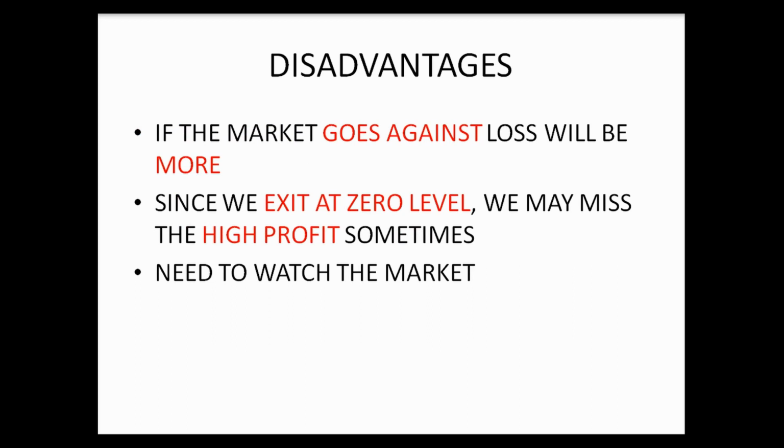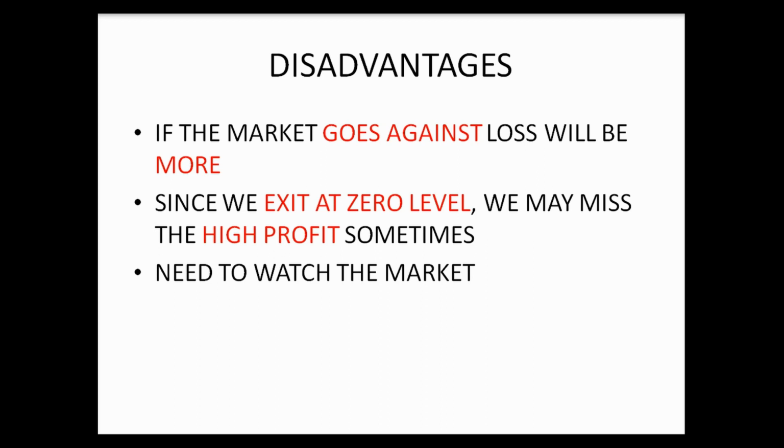Disadvantages. Sometimes it will work well. In the worst case, it will also go against our prediction. Like if you go for a buy position, the graph will go down, the price value will go down, and in the other case, if you go for a sell position, the price value will increase.